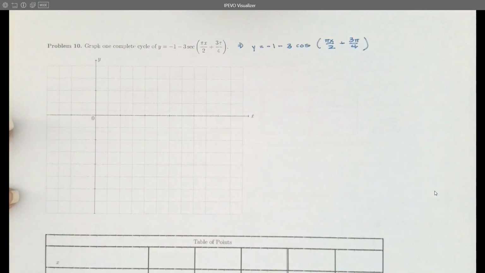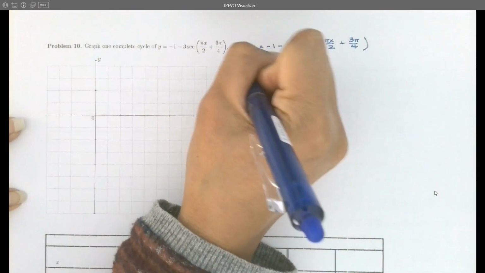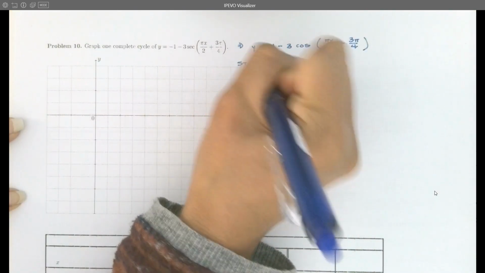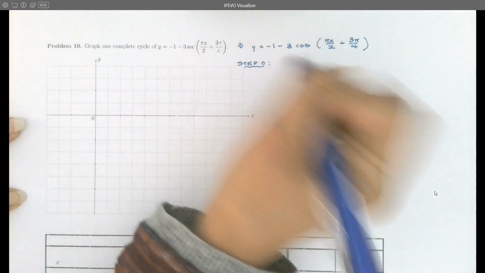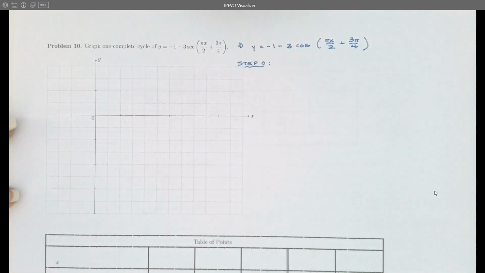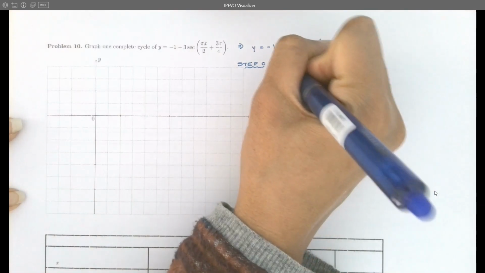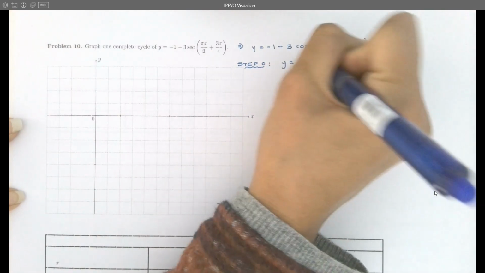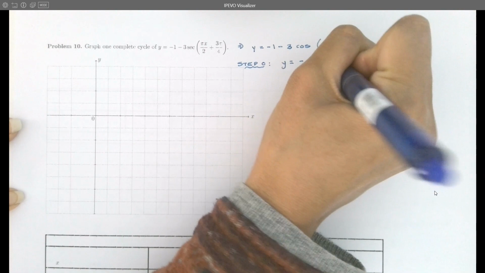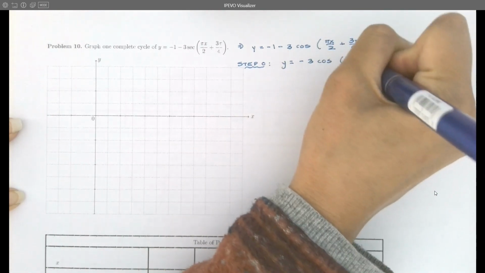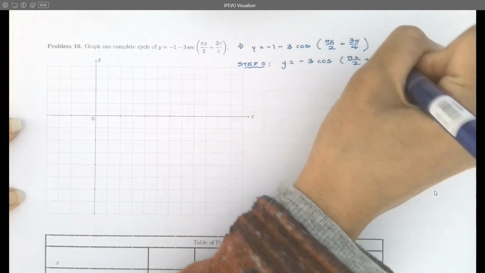Okay. Now, if we pretend that we were graphing only this problem, the first step that we would take would be the primer step, step 0, in which we consider only the trigonometric term of the equation. So that means that we're going to be considering y equals negative 3 cosine of pi x over 2 plus 3 pi over 4.